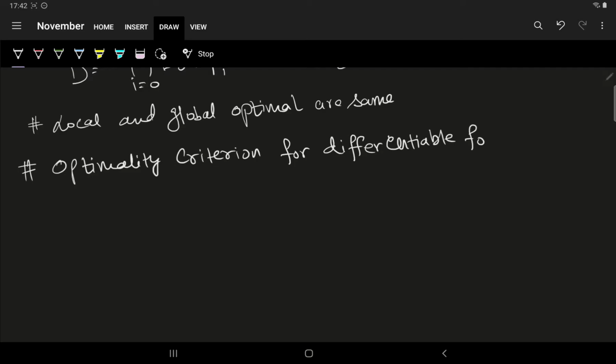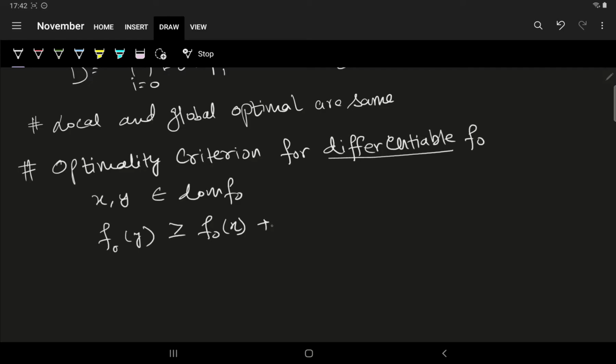So we are saying that f naught, given it is differentiable, and f naught is convex, so we know for 2 points belonging to the domain of f naught, f naught of y is greater than or equal to f naught of x plus del of f naught of x into y minus x.